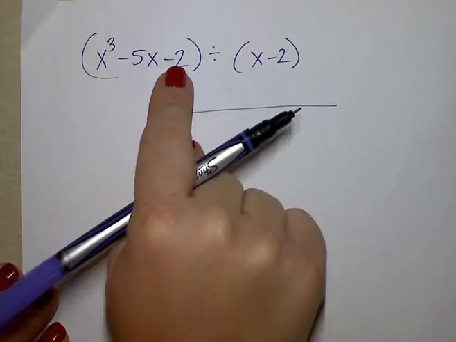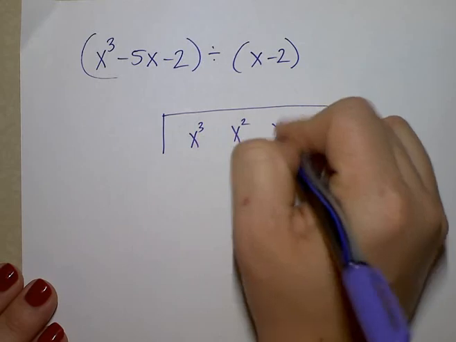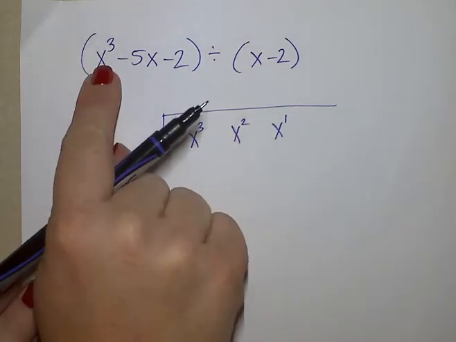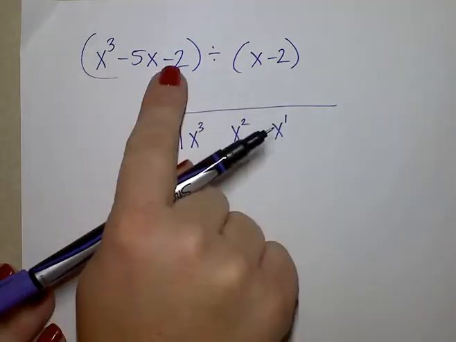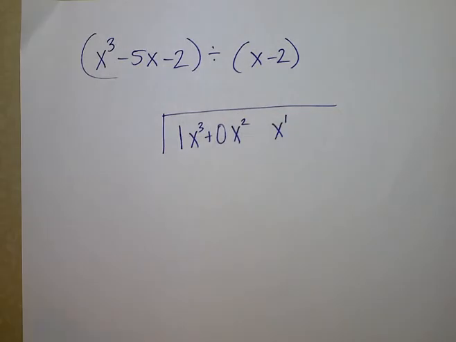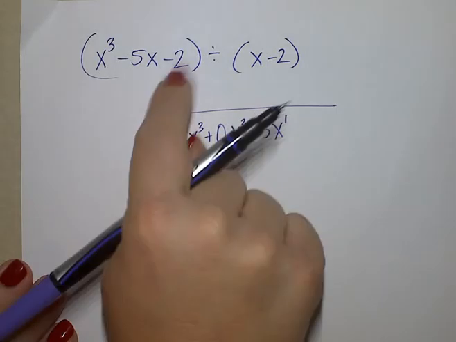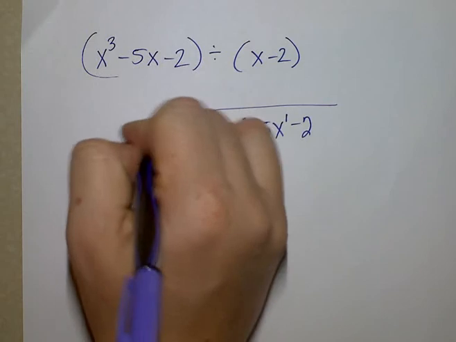Okay, now be careful here. So I need to do 3, leave space, 2, leave space, 1, leave space, and my constant. So a 1 is associated with the x cubed. But there is no x squared, so I need to put a 0 in front of the x squared. A negative 5 is associated with the x, and a negative 2 is the constant. Out front, I write x minus 2.